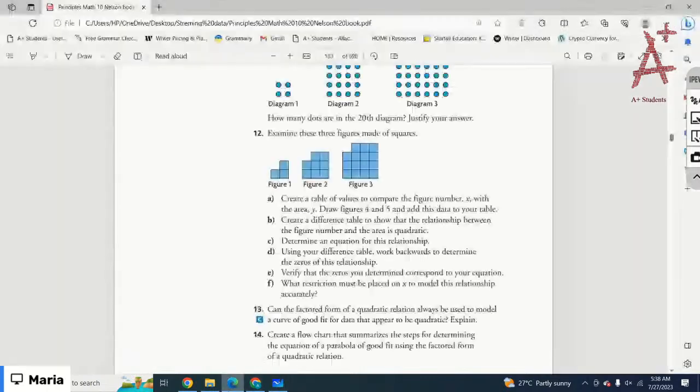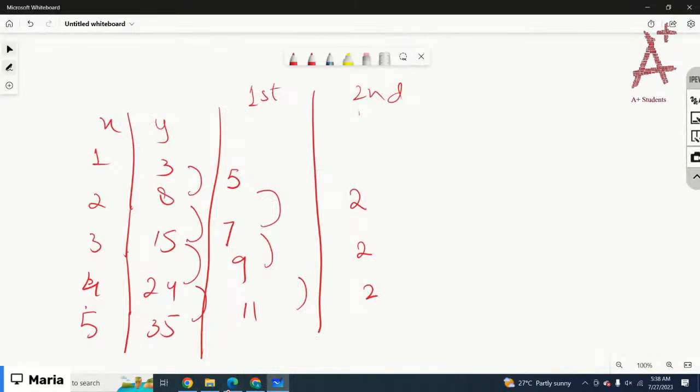Okay, the next one is you have to determine an equation for the relationship. You have to write down the equation. Basically they are the squares of the values. You can see here you have 2, here you have 8.